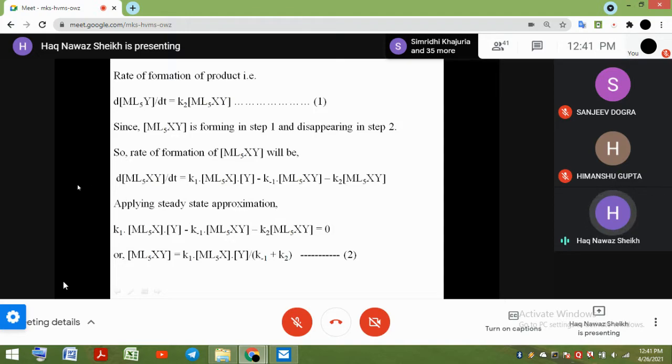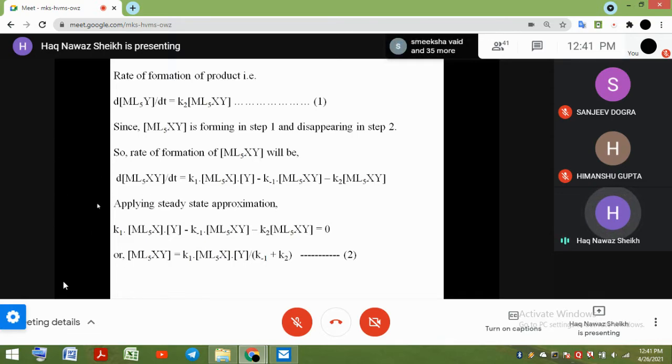So applying the same procedure of steady state approximation, the rate of formation of the intermediate is K1 forward step first, K minus 1 reverse step first, and minus K2, the second step. Minus because it is consumed in the reverse process here, and consumed in the second step. So again, applying steady state approximation, which says that if an intermediate is very reactive, then its rate of formation and rate of decomposition must be the same.